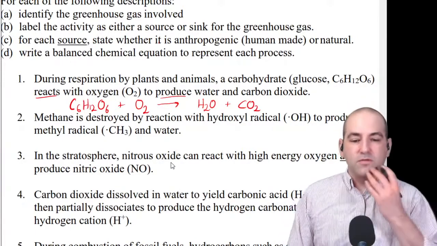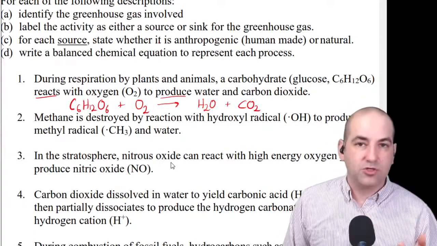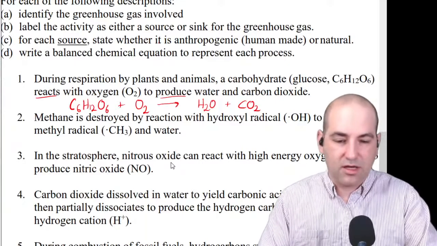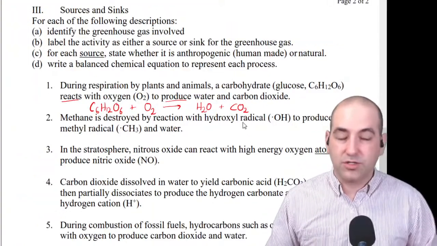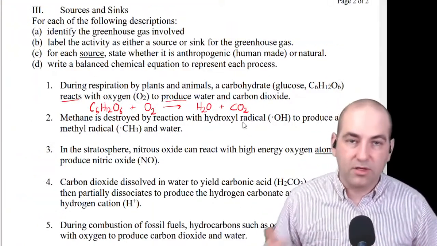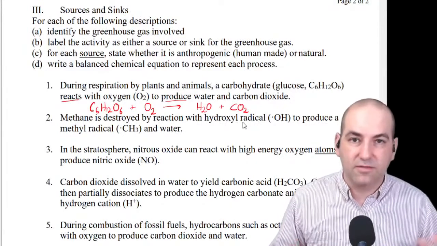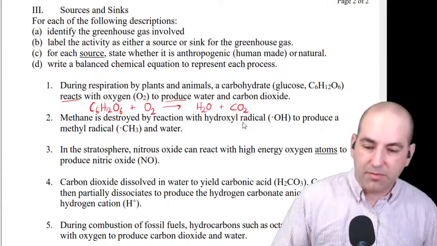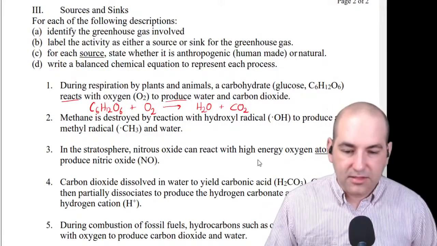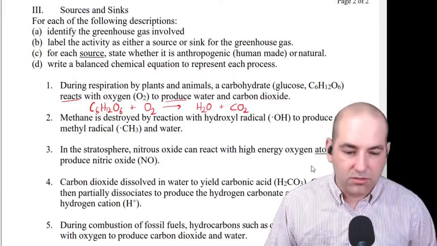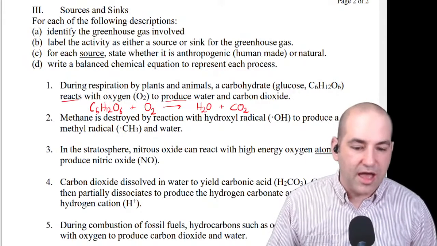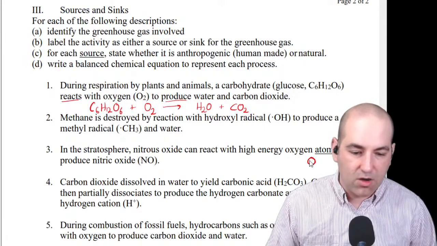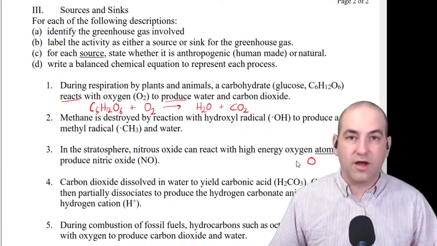Okay, so some of these are a little bit trickier, especially because you're not just given the formulas and then it says balance it. You have to actually figure out what you need to write down and in what order. So for example, in number 3, instead of talking about oxygen, the molecule O2, we're talking about oxygen atoms. So those are just going to be O, not O2, which is unusual for oxygen.